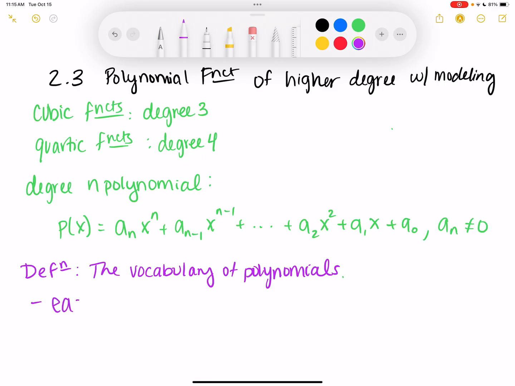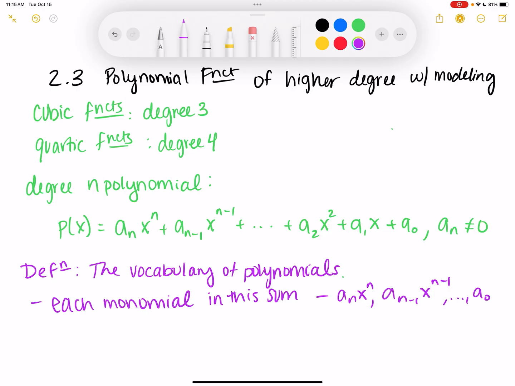Each monomial in this sum, meaning this up here, a sub n x to the n, a sub n minus 1 x to the n minus 1, and so forth, all the way to a sub 0, is a term of the polynomial.